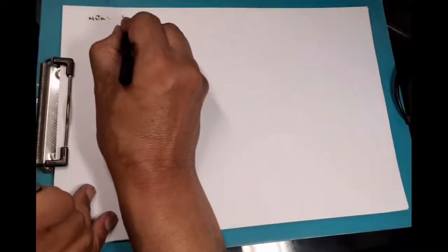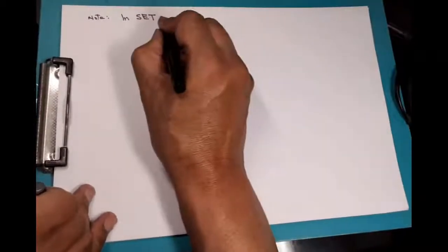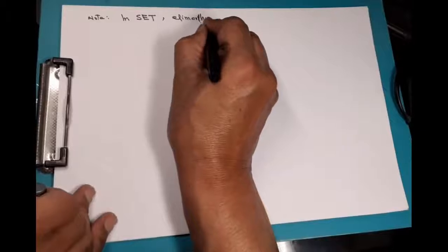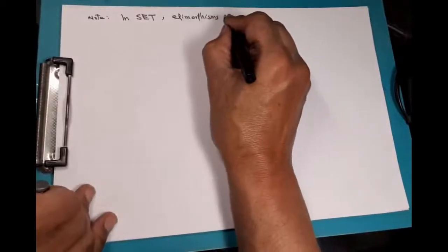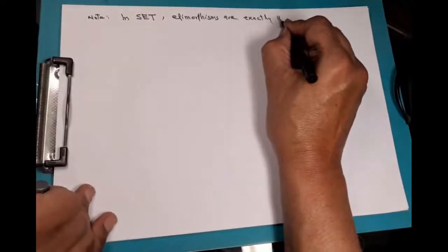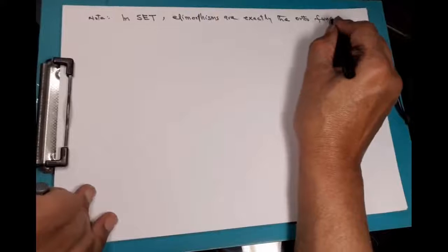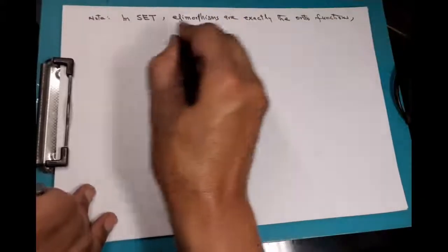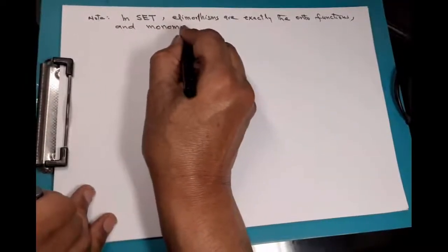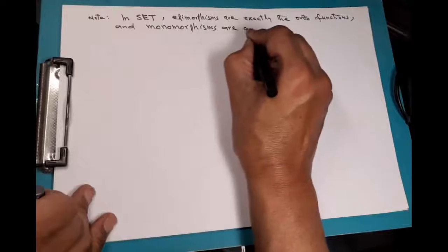In the category of sets, we denote it by SET, epimorphisms are exactly the onto functions, and monomorphisms are one-to-one functions.